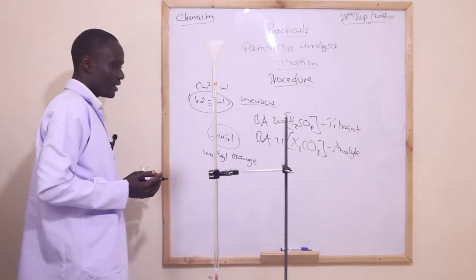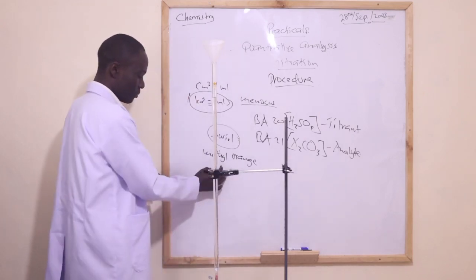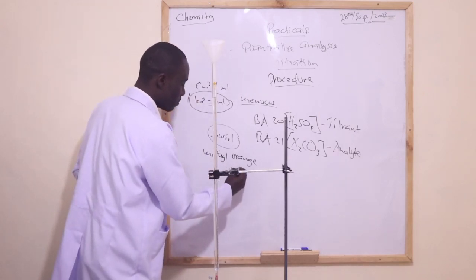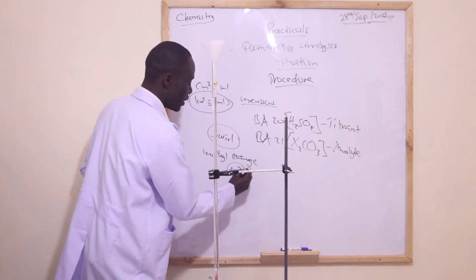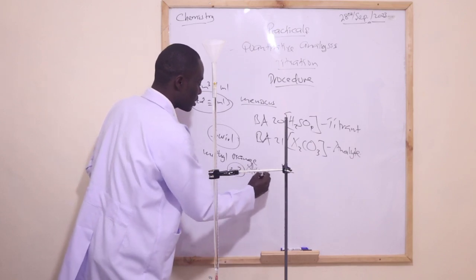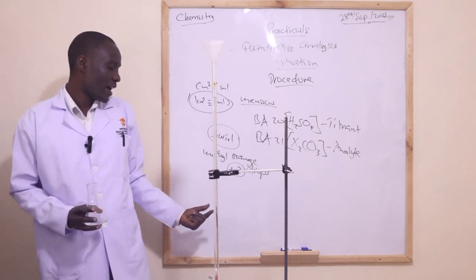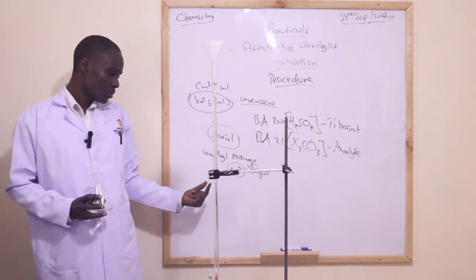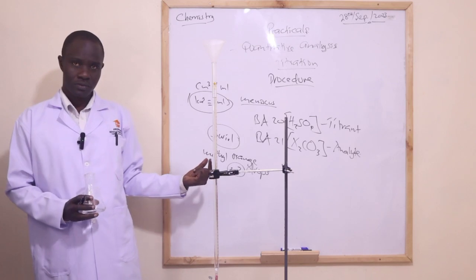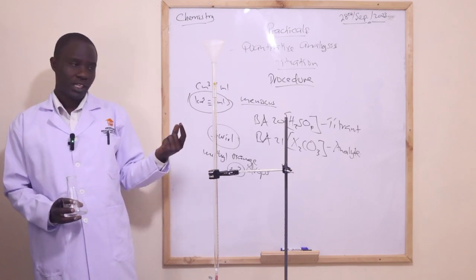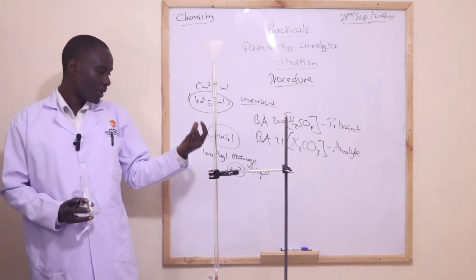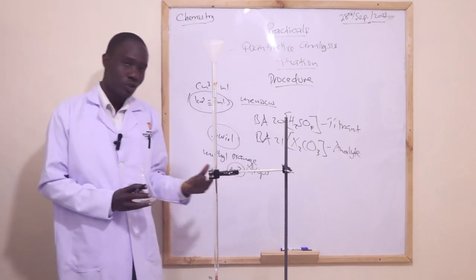Basically, the standard drops are normally between 2 to 3. So you add between 2 to 3 drops, meaning either a minimum of 2 drops or a maximum of 3 drops. A drop is termed as a drop, however small it may be.